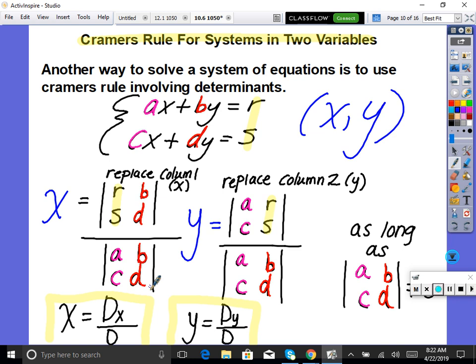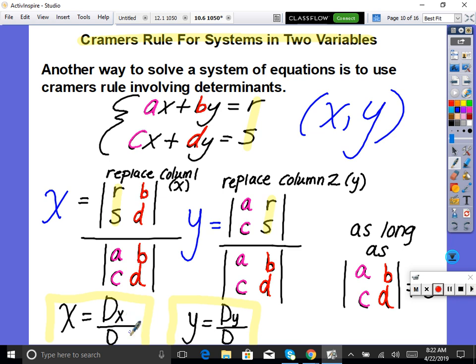On top what you do is, since we're solving for x, what you do is you replace column 1, which is your x column, with your R and S. So notice I've just crossed out my x's, moved R and S in the place of that, and now I still have B and D, and I'm now finding the determinant of R, B, S, D. So basically, this is how they write it, you guys. So this is the formula. It's D of x, which means the determinant replacing column x.